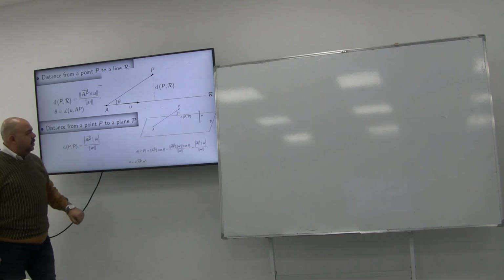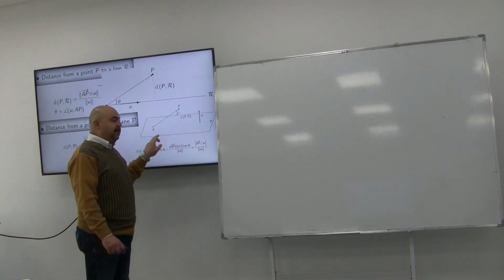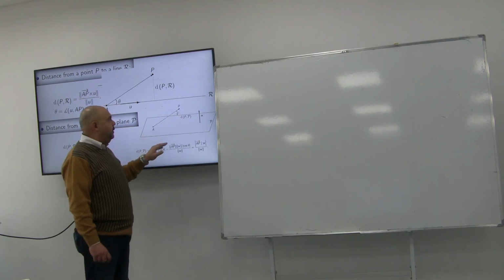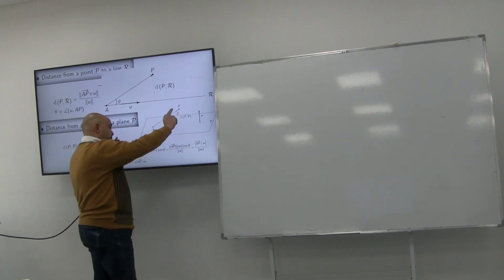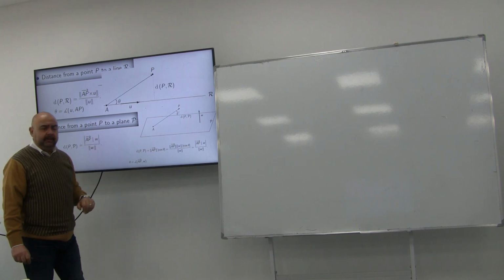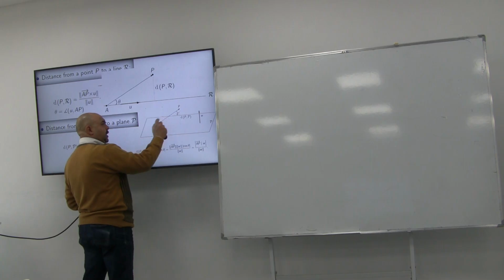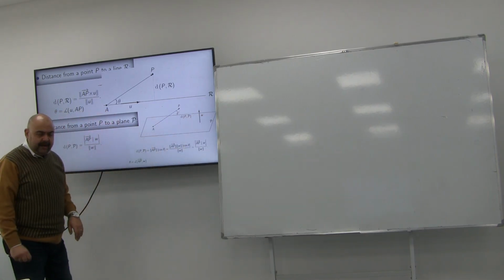Okay, once more, this is point A, which is one of the points in the plane. This is point P, which does not belong to this plane, but it already exists. I will get the vector connecting A and P, and then I will make a multiplication between this direction vector AB and the orthogonal or the normal vector of the plane.